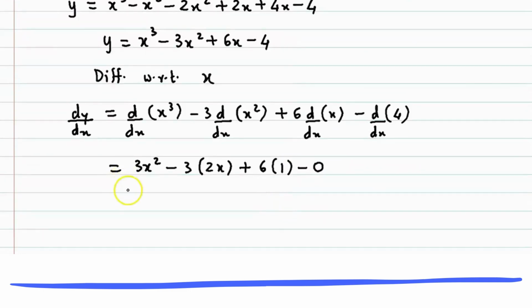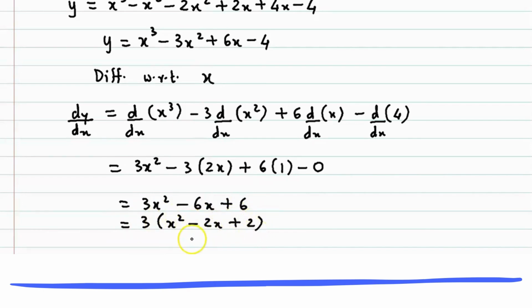So we have the value as 3x² − 6x + 6, and if we take 3 as the common factor, within brackets we'll have x² − 2x + 2. So this is the value for dy by dx.